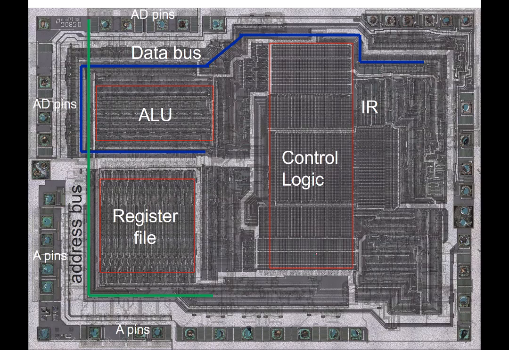This is your finite state machine control logic here, and you see a data bus. In blue, you see this data bus running all through the system. And in green, I've highlighted the address bus that is going here. These are the major blocks in your microprocessor. All right, so let's stop here.